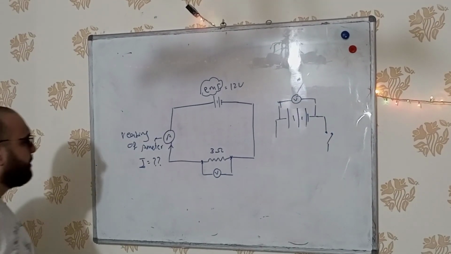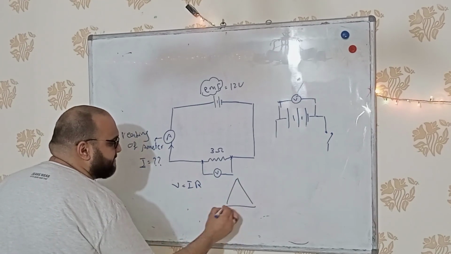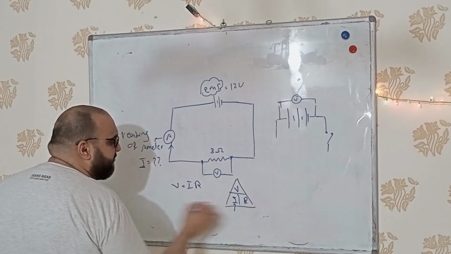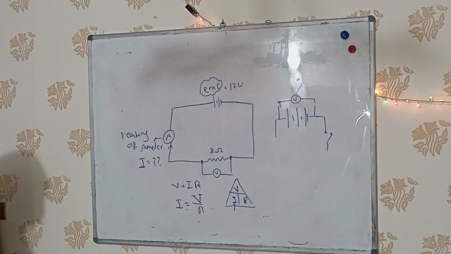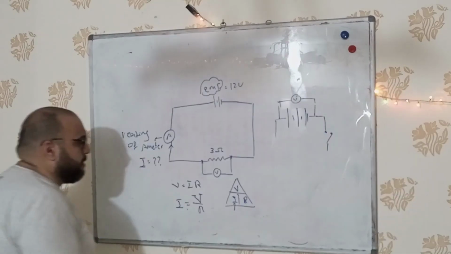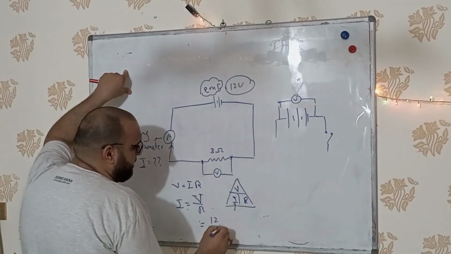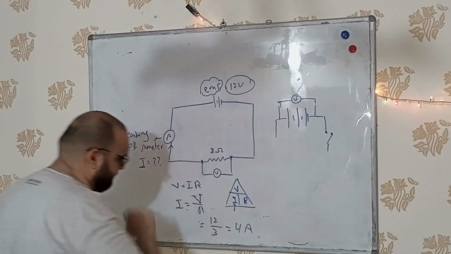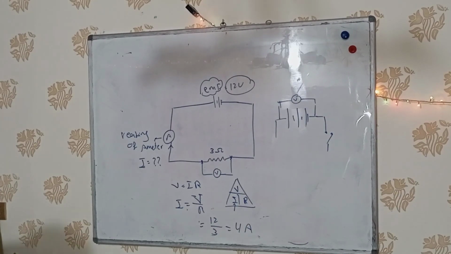Returning back to Ohm's law, V equals I times R. We have this magical triangle V, I, R. I need the value of I, so it will be V over R. So I equals V over R, where I is the current intensity, V is the potential difference, and R is the value of resistance. I equals V, 12 volt, divided by 3, the value of the resistor, which is 4 ampere.